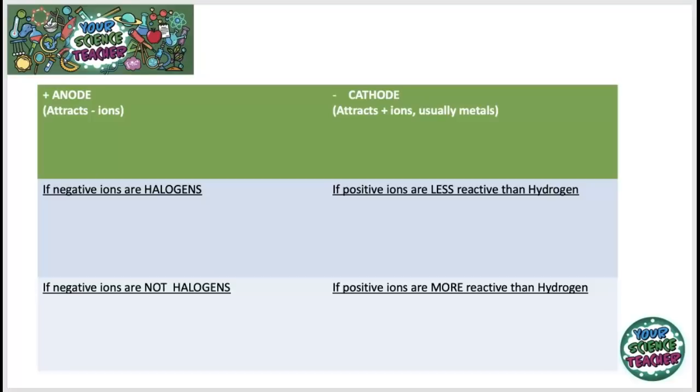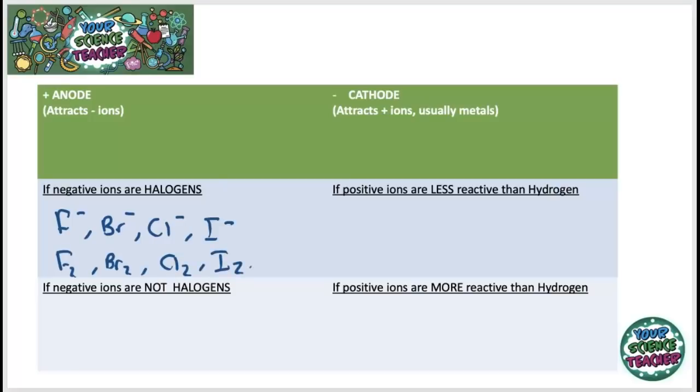So if your negative ions are halogens, for example, if you have fluoride or bromide or chloride or iodide, you will end up making at your anode fluorine or bromine or chlorine or iodine. You'll just end up making the halogen.